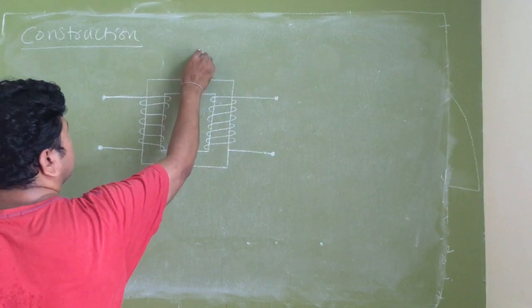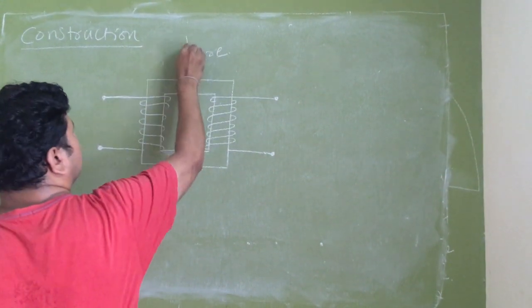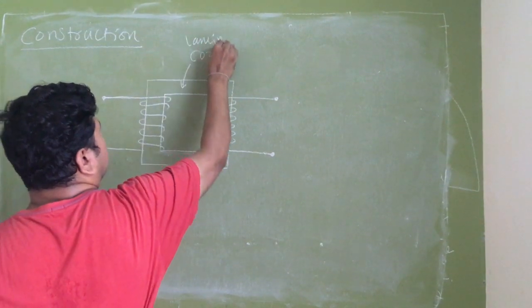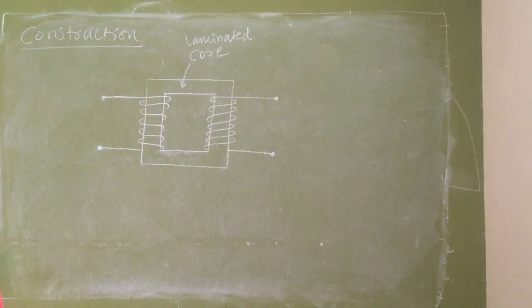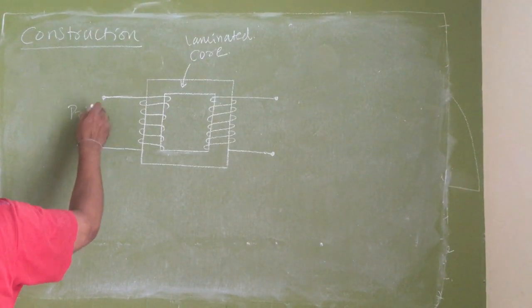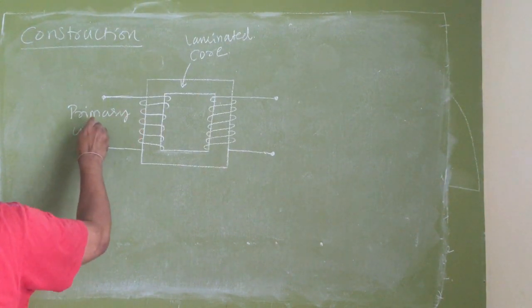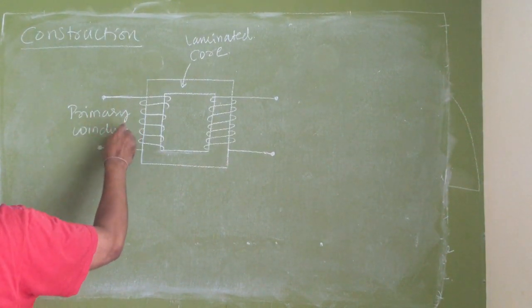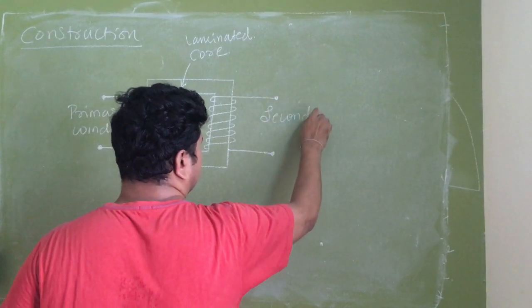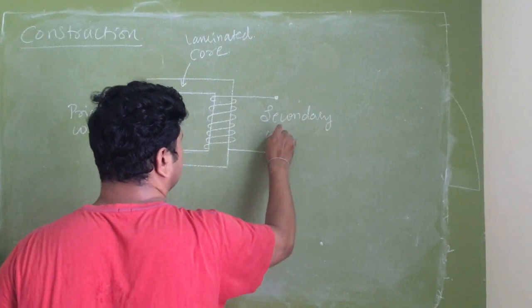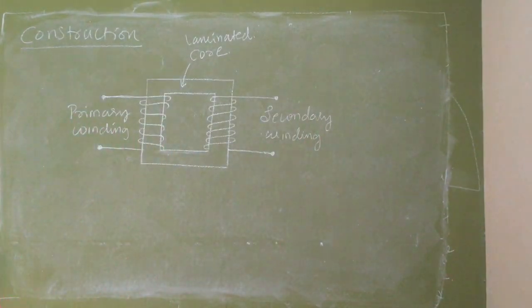So this is core, or laminated core. This is primary winding or primary coil. This is secondary winding, or secondary coil.